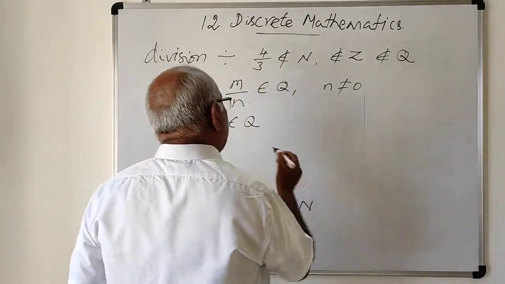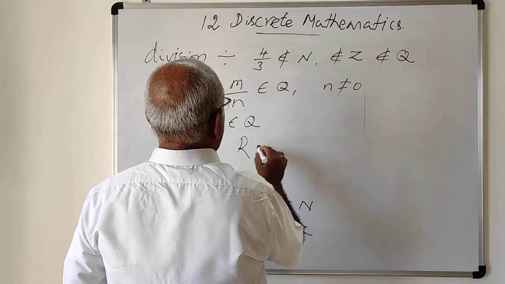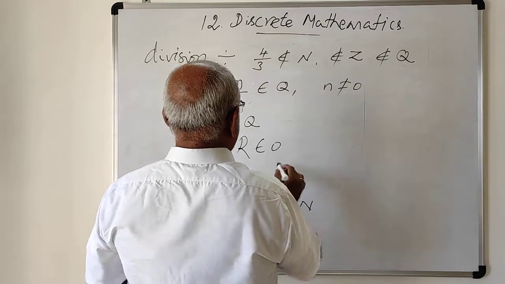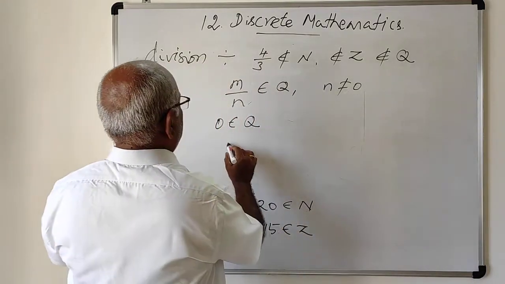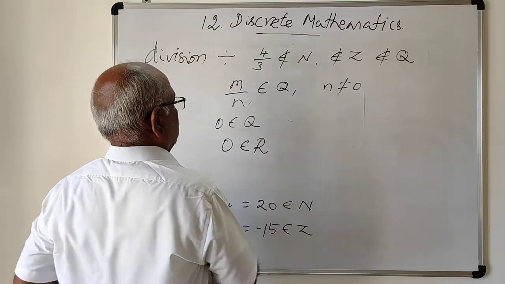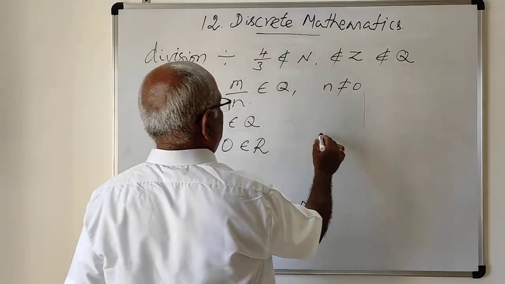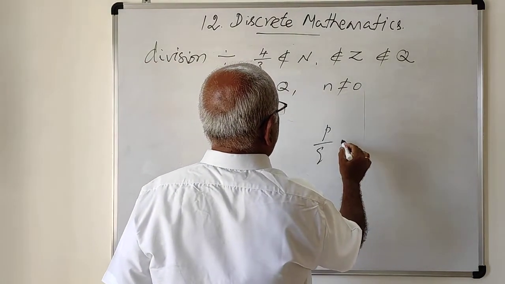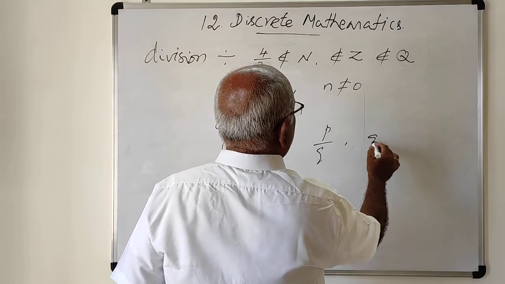And R also, because in the real number set also, 0 belongs to R. So for the division of any two real numbers P by Q, Q should not be 0.